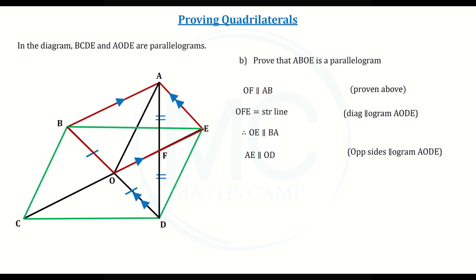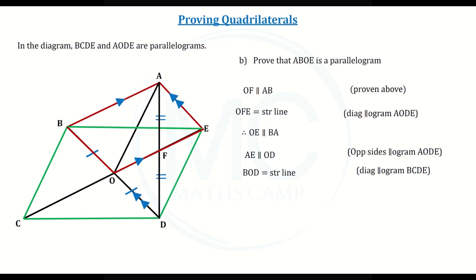OB is a diagonal in BCDE, which means that BOD is a straight line. So let's make a note that BOD is a straight line because it is a diagonal on parallelogram BCDE. Now we can see that if AE is parallel to OD, it must be parallel to BO, the other side of the straight line BOD.